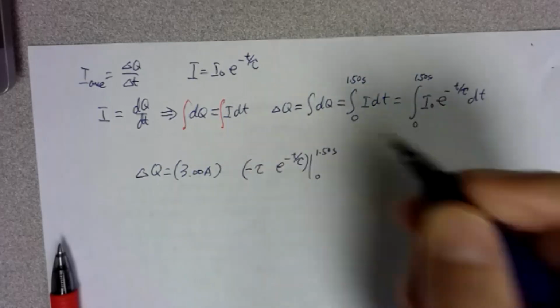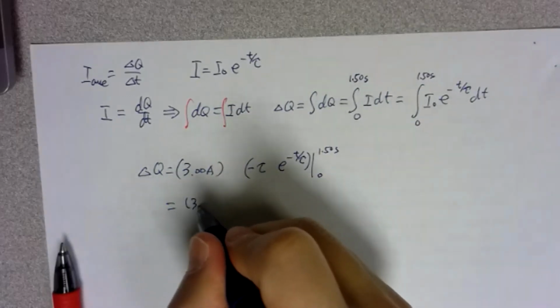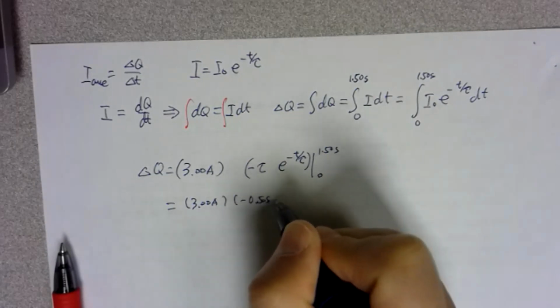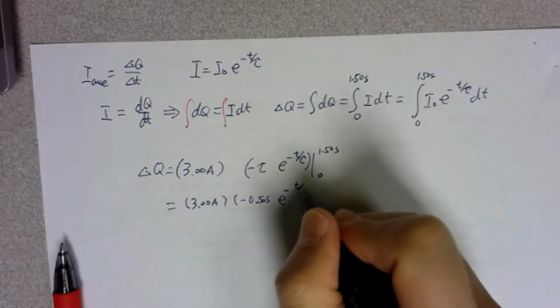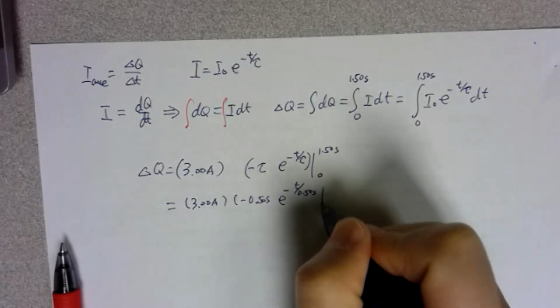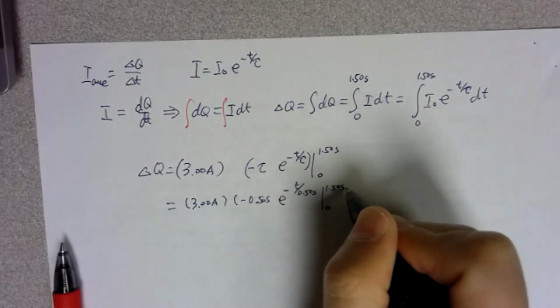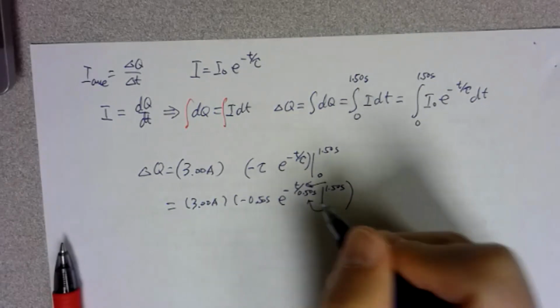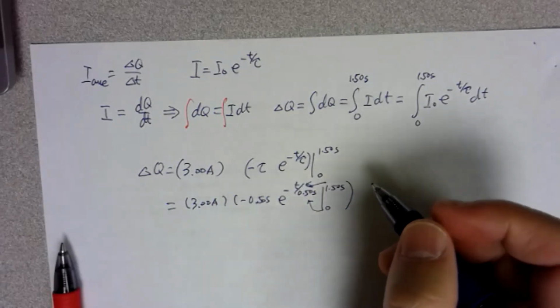So 3.00 amps times minus 0.5 seconds times the exponential of minus t over 0.5 seconds. You plug in the upper limit minus the lower limit.